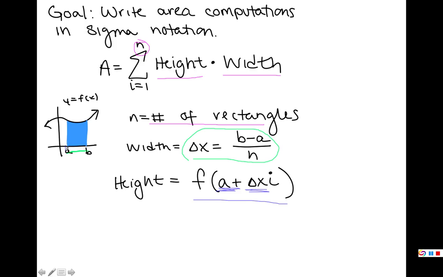So we start at the left side of our interval, and then we go over 1 width, and that's how we get the height of our first rectangle. When i equals 2, we go over 2 widths, and there's our second rectangle. If i is 3, we go over 3 widths, there's our third rectangle, etc. Important thing though is I have a formula right here that tells you how we're going to find the height of our rectangles and write it as a function of i.